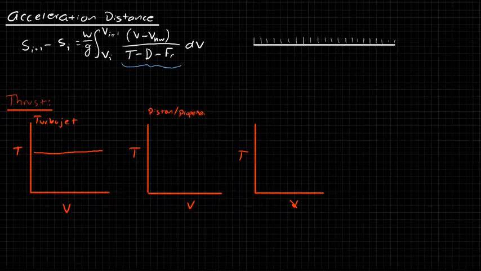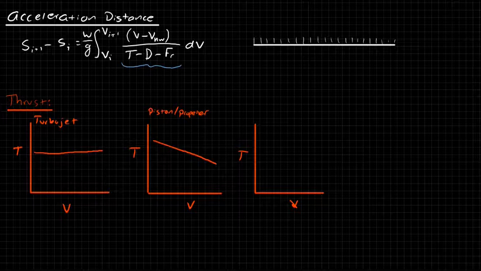So this is like your typical general aviation piston propeller combo here. For this type of power plant, the thrust decreases almost linearly with increasing velocity. So it looks something like this.